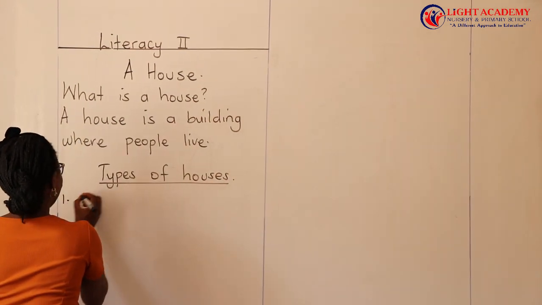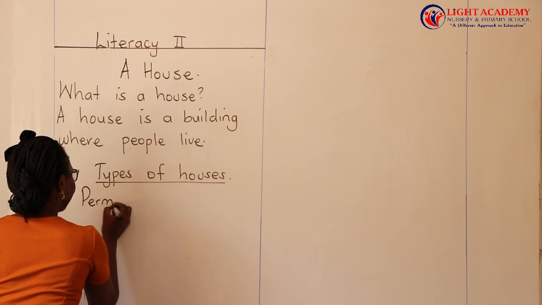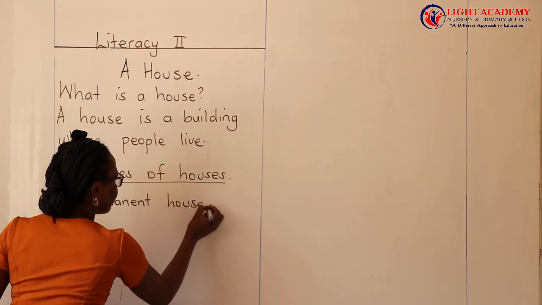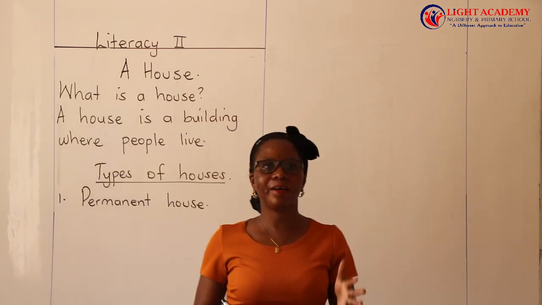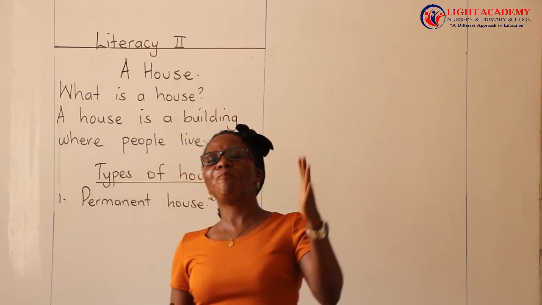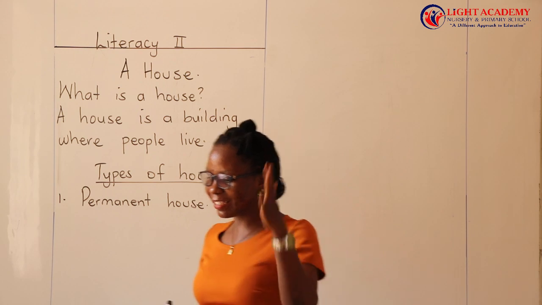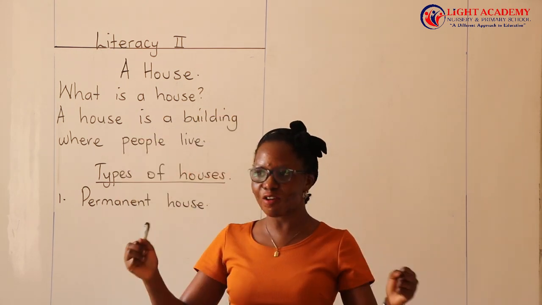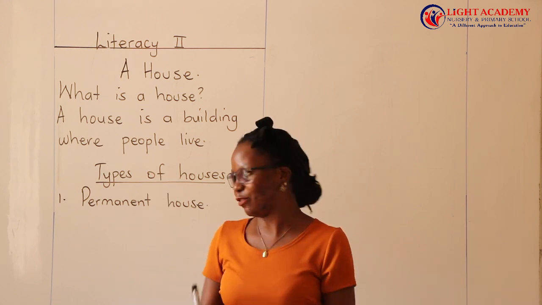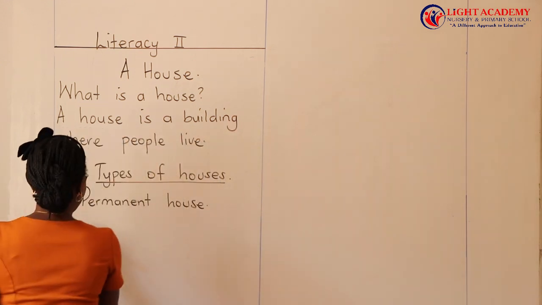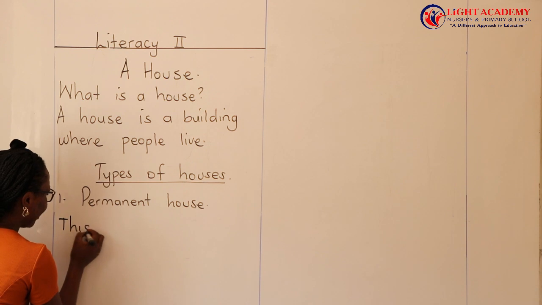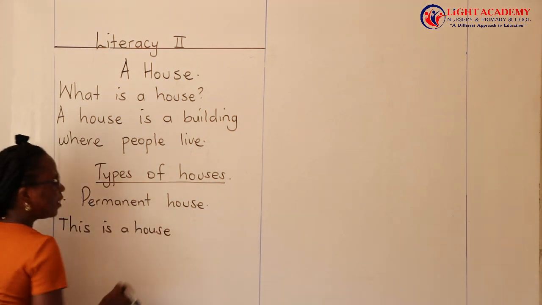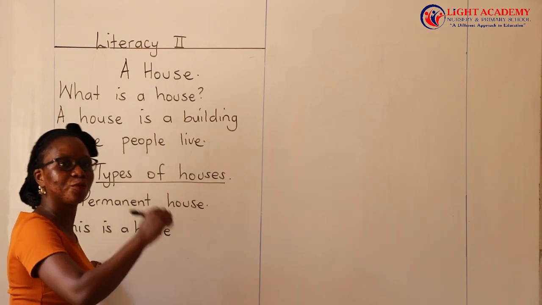Number one, we have a permanent house. A permanent house is a house that is built using strong building materials. This is a house, even if you shake it, it cannot break. Even if you kick it, it cannot fall down.